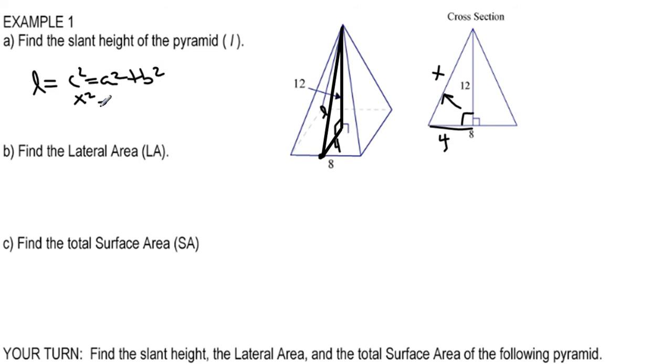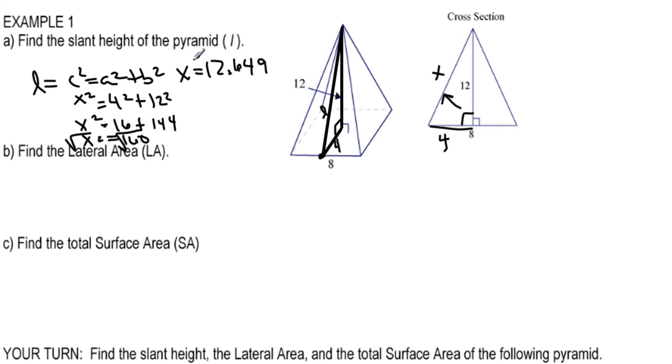So x is what we're looking for. a is 4, b is 12. So x squared equals 16 plus 144. So x squared is 160. And we'll take the square root of 160, which gives us the slant height of 12.649.